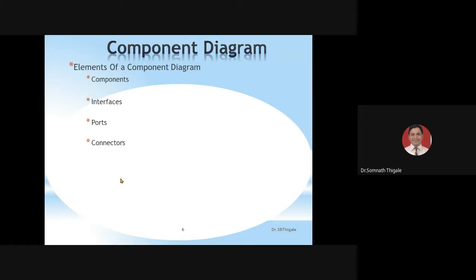I hope you are aware of the definition of a component, because we have discussed it many times. A component is the replaceable part of the system. An example to remember the component is, if we consider a mobile device.